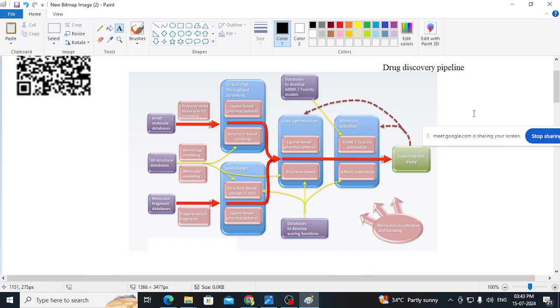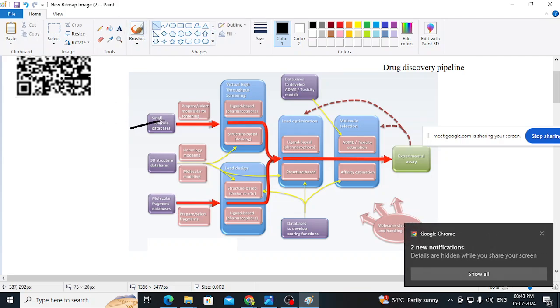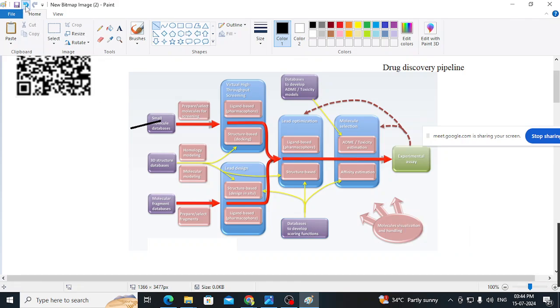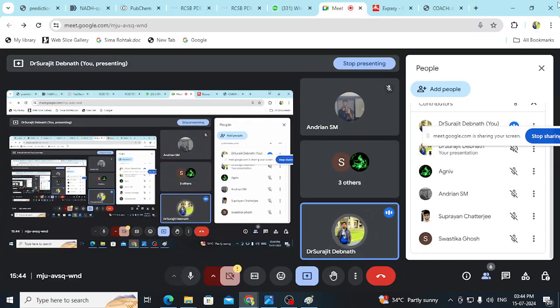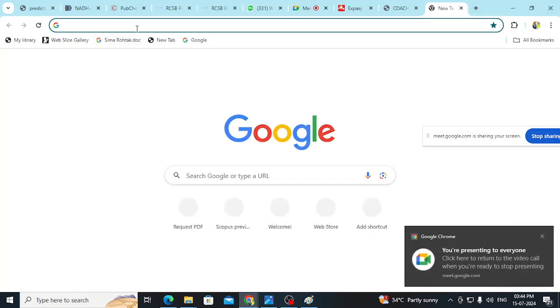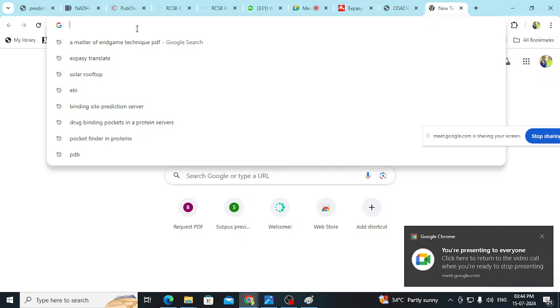By and large, either you already have a designed small molecule, so that you need not search for the database. In our case, in this work that we did, I want to again put this thing.